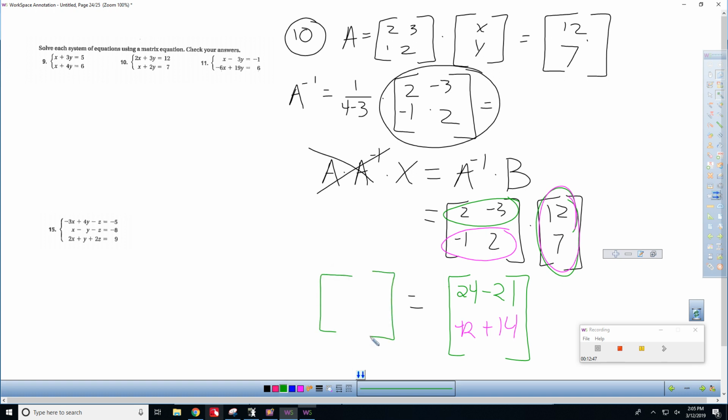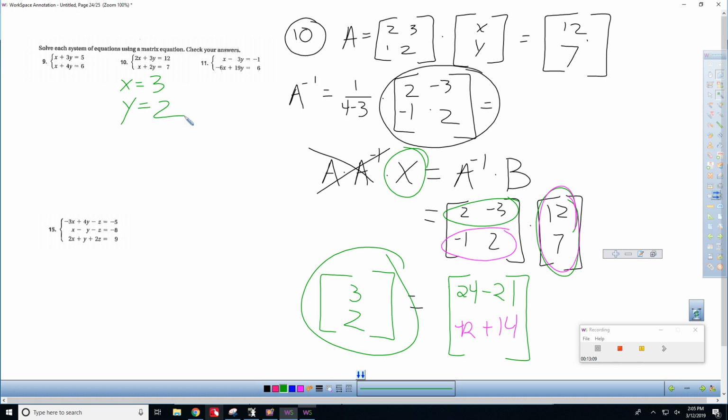You end up getting 3, 2. The 2 by 1 matrix, 3, 2 is what X equals. So that's what our big X matrix equals. So in this one, we should get X equals 3, Y equals 2.